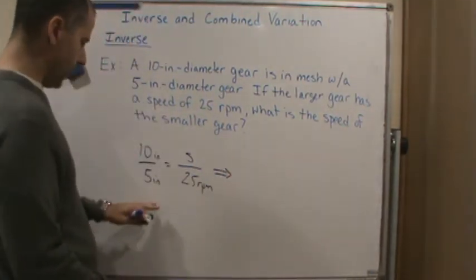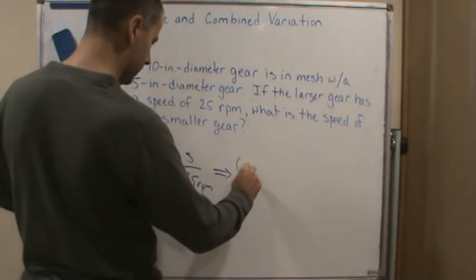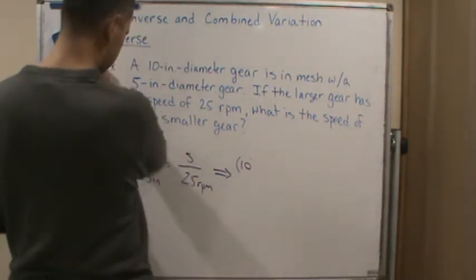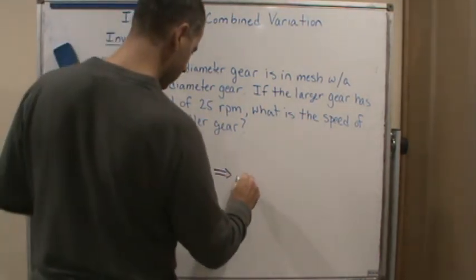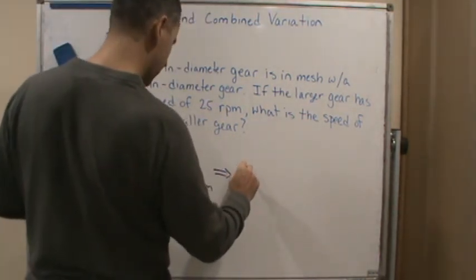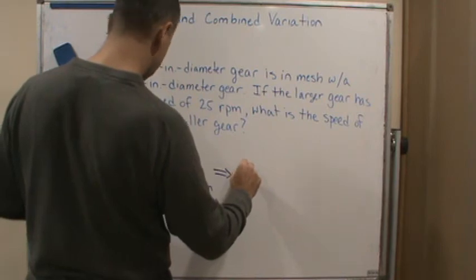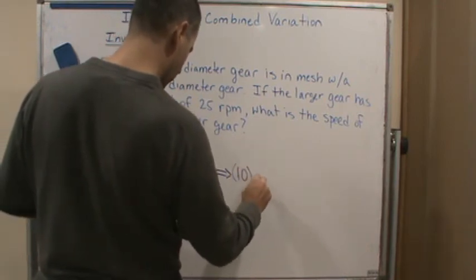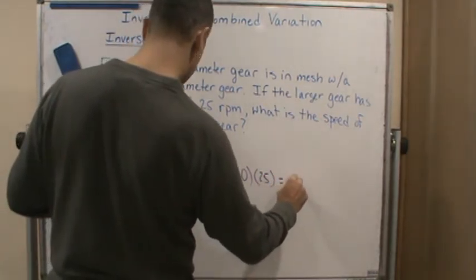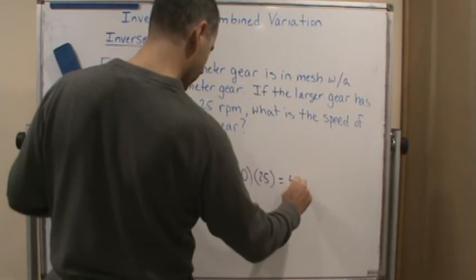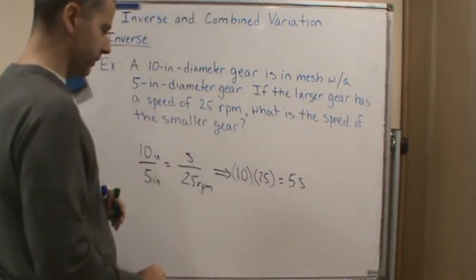So we cross multiply, and that's going to give us 10 times 25 equals 5s.